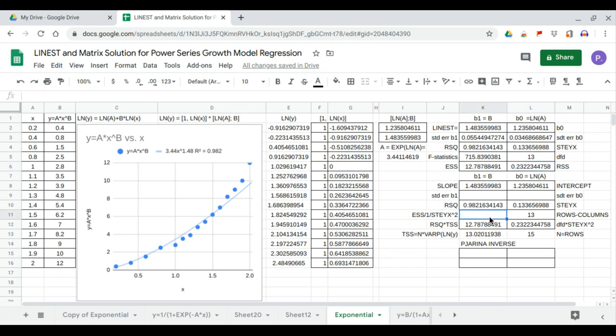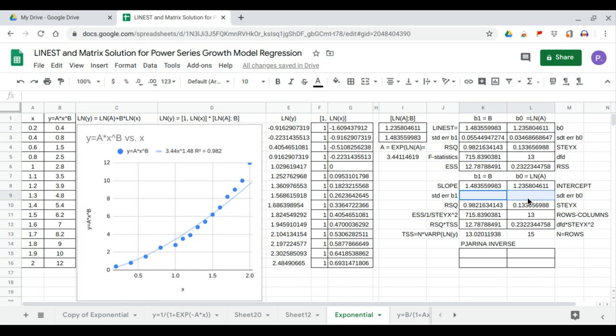And the F statistic is the regression sum of squares divided by 1, because there's only one independent variable, divided by STEYX squared, that's to the power 2. 715.839 matches our LINEST output.